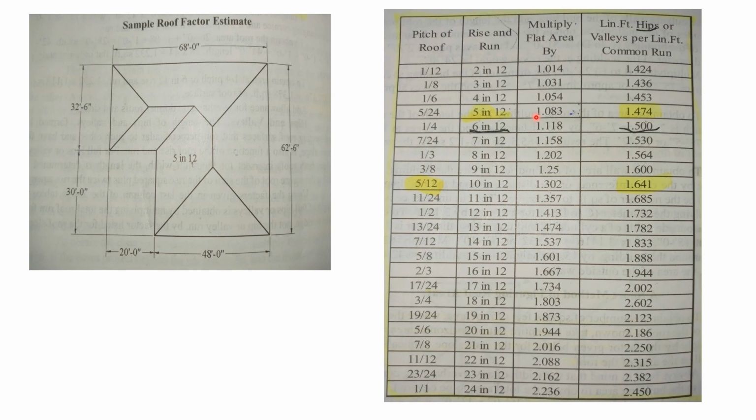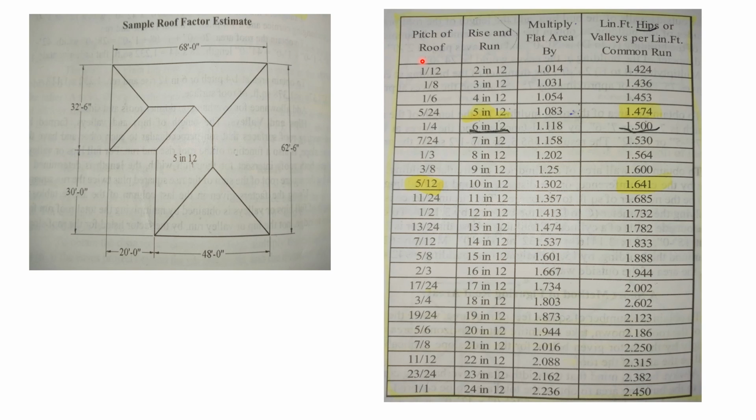A couple of things I want to point out to you, though. Unless the question actually uses the word pitch, do not use this column. Pitch is different than rise and run or slope. Rise and run, they talk about it as slope. Pitch is something different. Pitch is based on the entire span of the roof. A typical roof has a ridge in the middle and it slopes to the left and it slopes to the right.